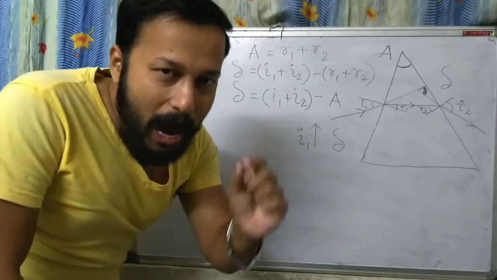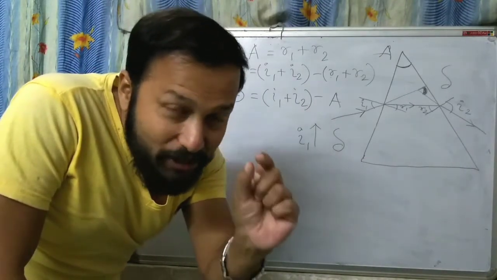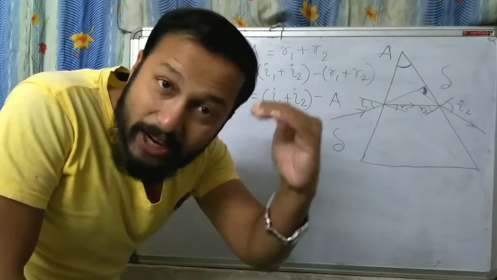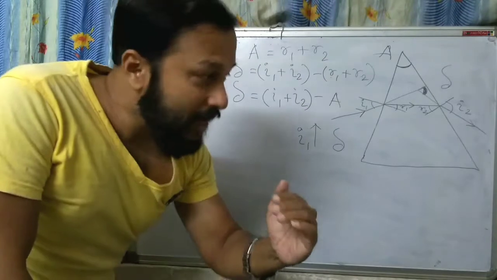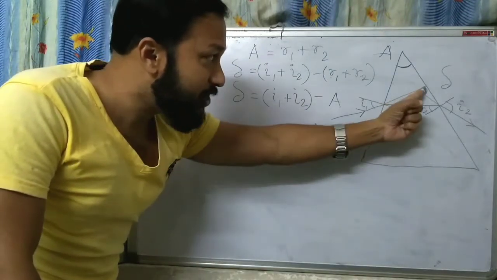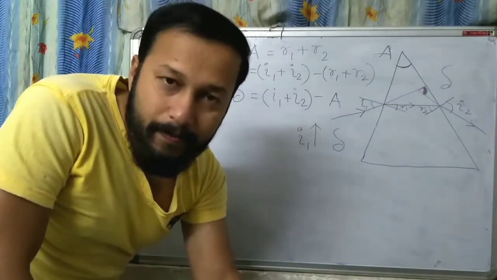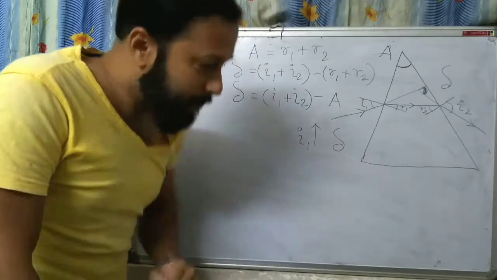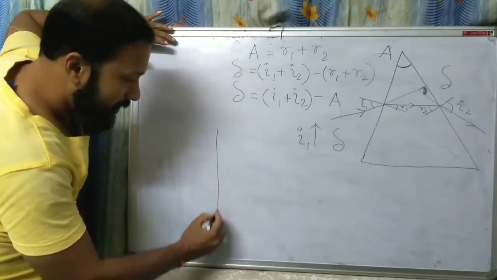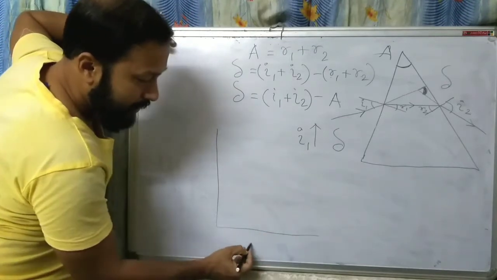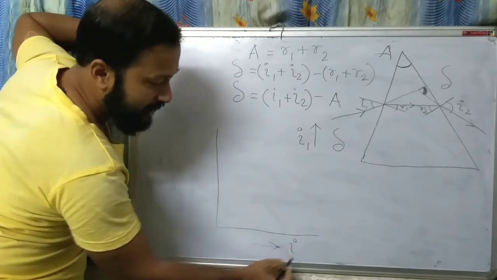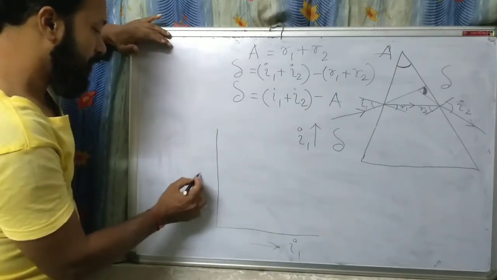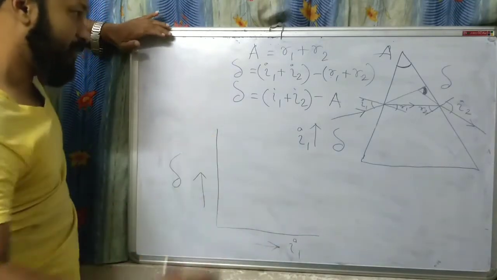I will increase the angle of incidence and see how the angle of deviation changes. For that I will show you a graph. See, this is the graph. This is the angle of incidence, I1, and this is the deviation, delta.